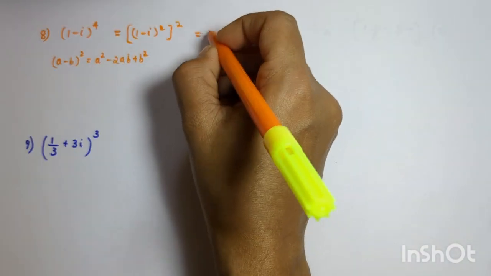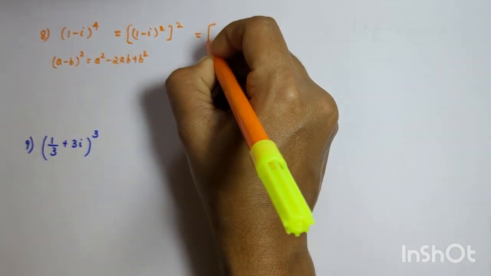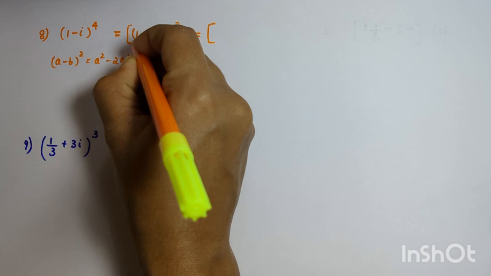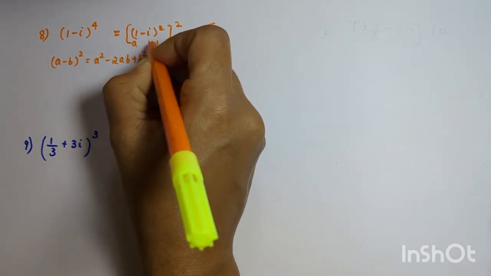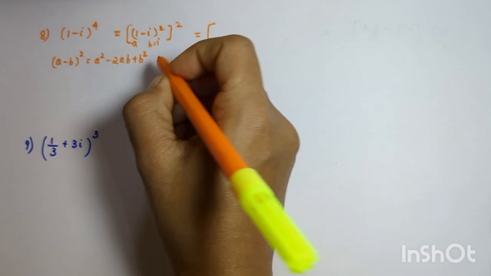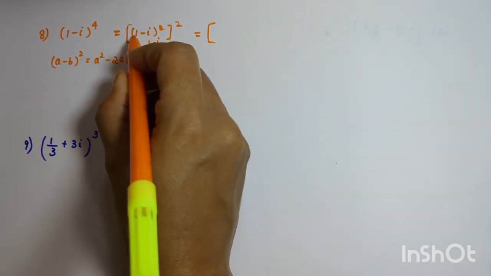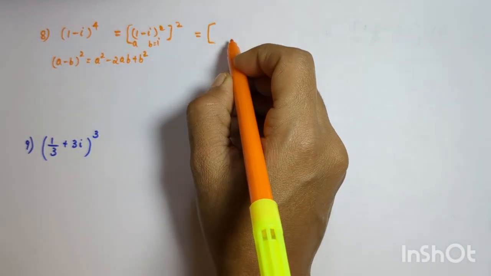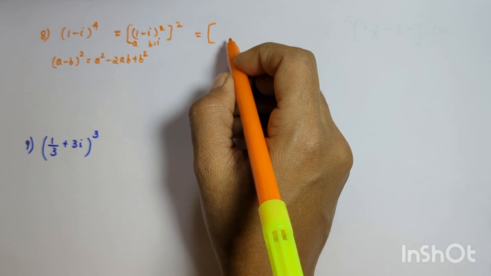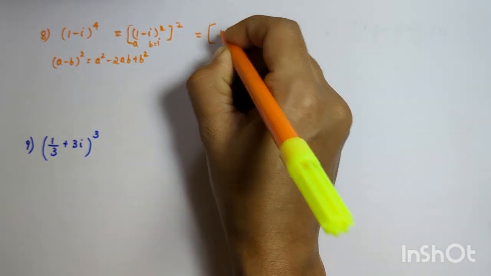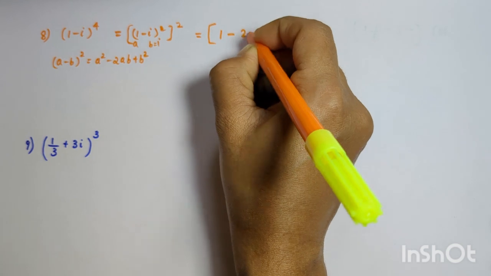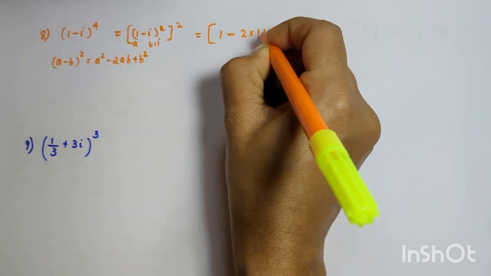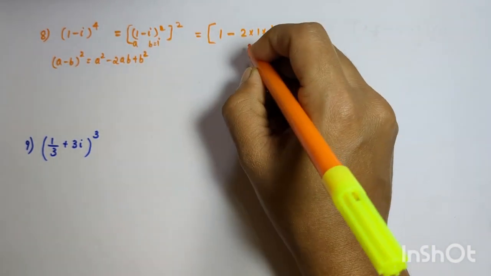So here this (1 minus i) all square can be written as a is 1 and what about b? b is actually i in this case. A minus b, no? So b is actually i. So a square, that is 1 square, 1, minus 2ab, minus 2 into a is 1, b is i.